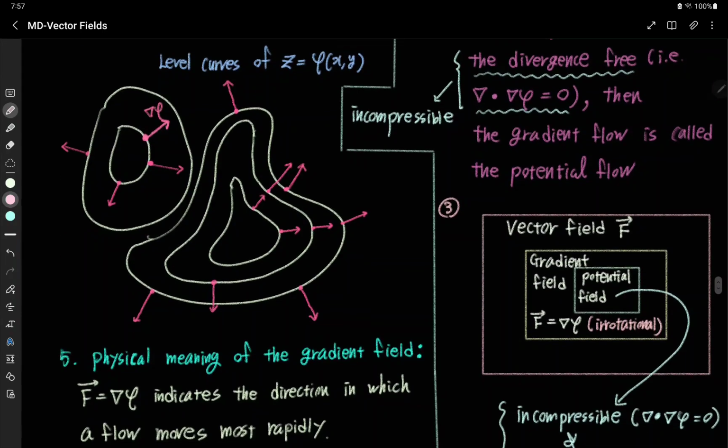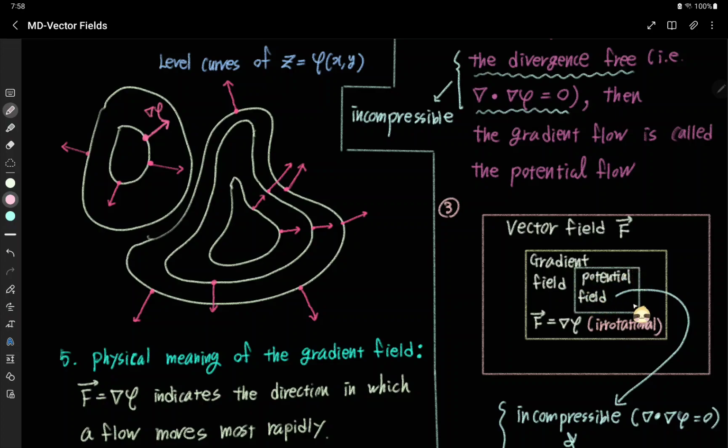If you express this box as the set of all vector fields, then the gradient fields belong to the vector fields definitely. The gradient field is irrotational, which means it is curl free. And if some of the gradient fields satisfy divergence free, then that is called a potential field.